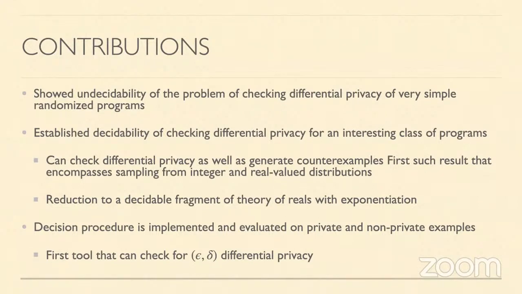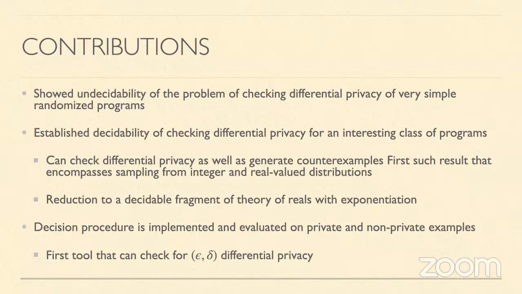That's not a surprise. Everything interesting turns out to be undecidable. But more interestingly, we showed that the problem of checking differential privacy is decidable for an interesting class of programs. Our decision procedure can check differential privacy as well as generate counterexamples.